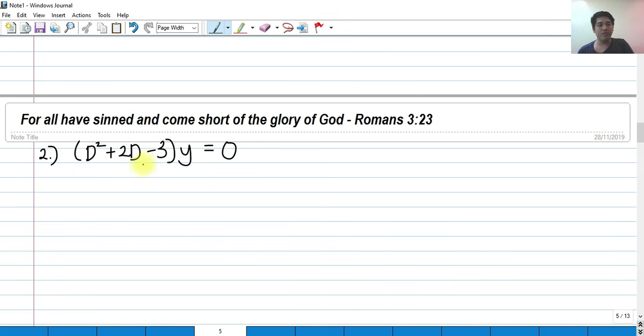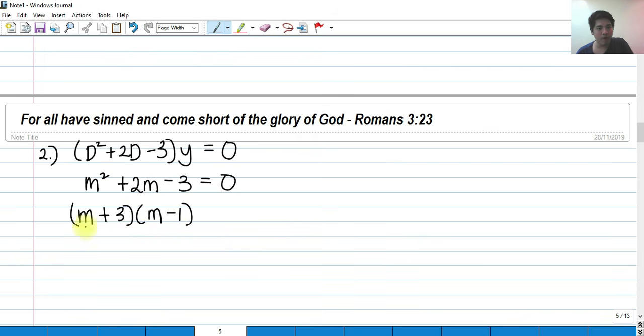We're going to convert it into auxiliary form, so that we have m squared plus 2m minus 3 is equal to 0. If we find the roots of this, that's m plus 3 multiplied by m minus 1. If you perform FOIL here, you'll get this answer, equal to 0.